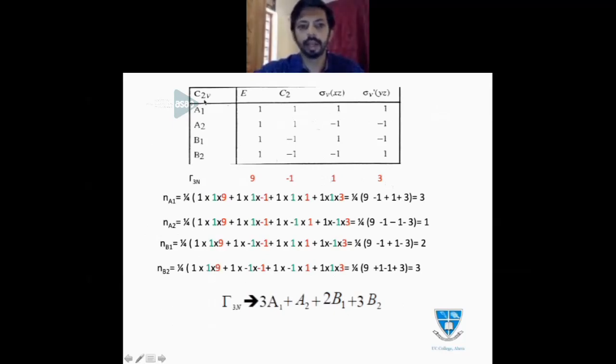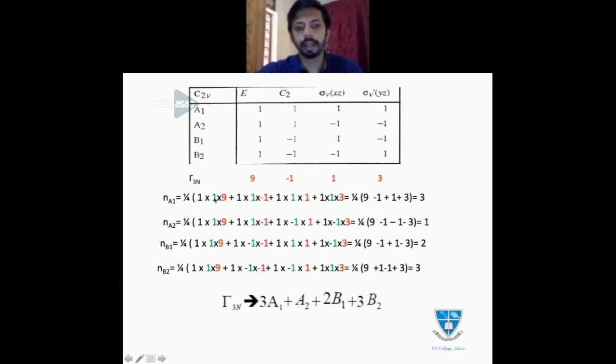This is the character table for C2V, and this is the character of the reducible representation under the operation E, under the operation C2, under the operation sigma V, and under the operation sigma V dash. For this, I have just put the color code. This red color indicates the reducible representation.